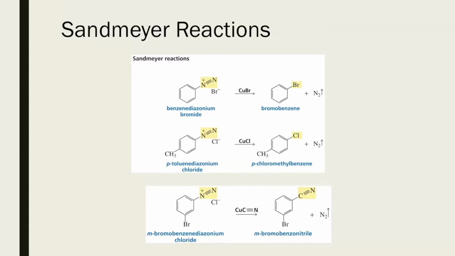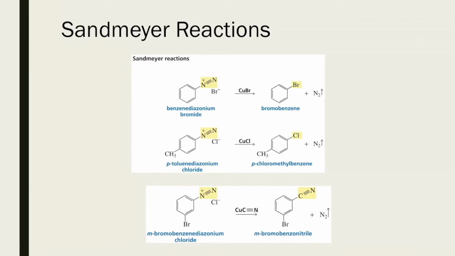What are the reactions that the arene diazonium salt can undergo? The main reaction is the Sandmeyer reaction. For the Sandmeyer reaction, you react the arene diazonium salt with the corresponding cuprous salt. For example, if you want to put a bromine on a benzene molecule, you take cuprous bromide. If you want to put a chloride on the benzene ring, you take cuprous chloride. And for putting the nitrile group, you take cuprous cyanide.